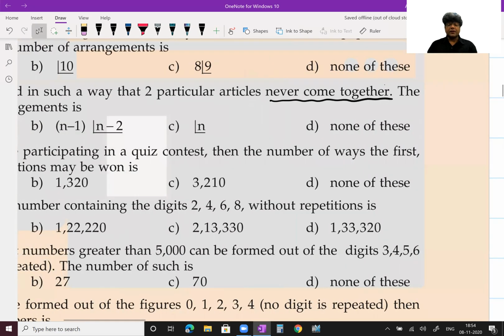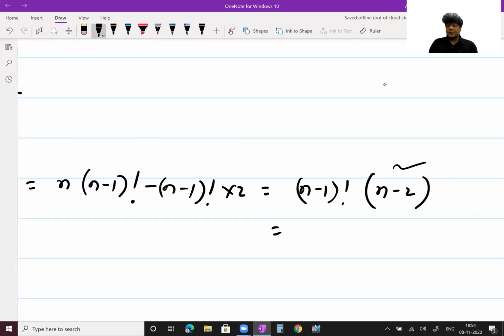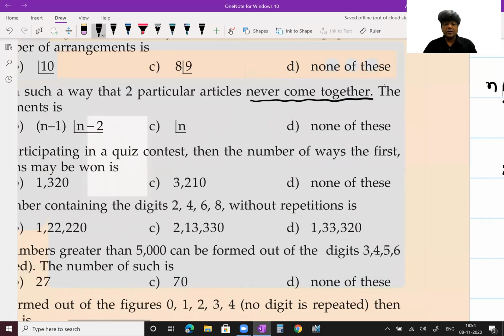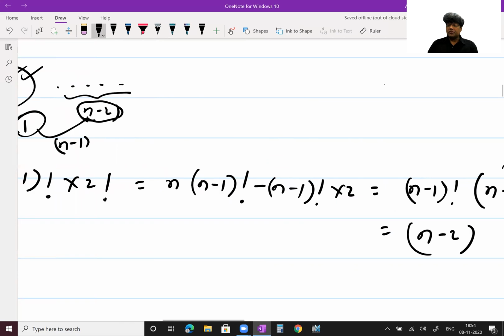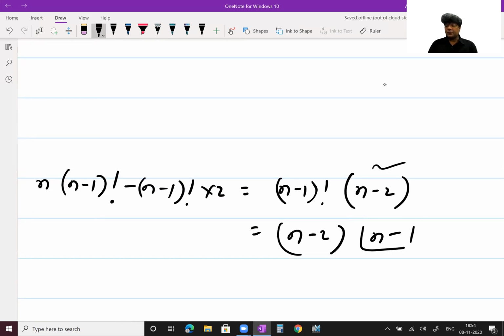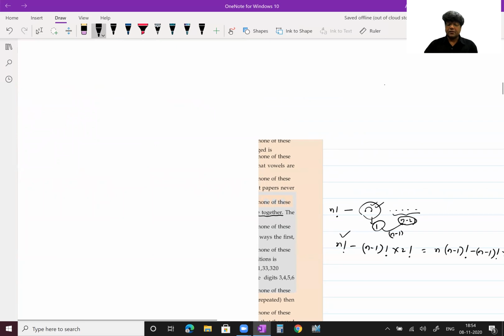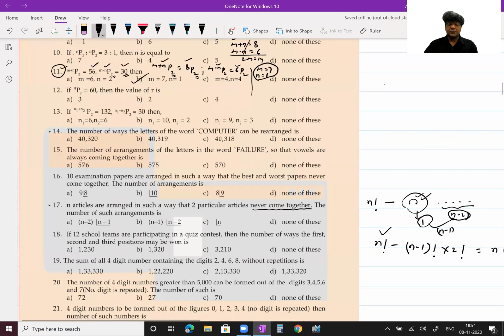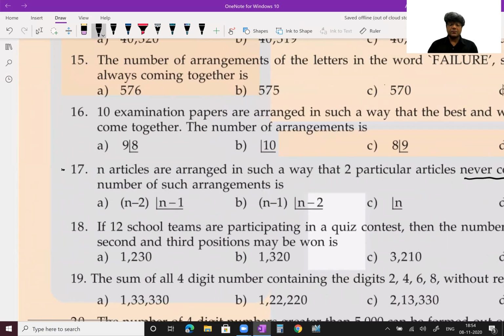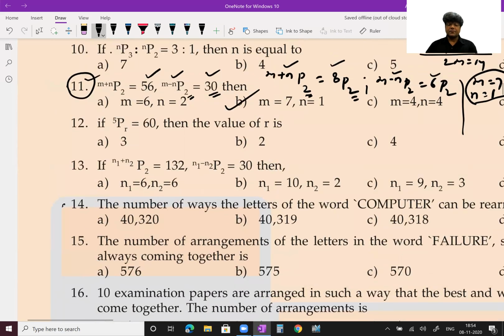That is written, guys, in a different style: first they have written n minus 2, and then this n minus 1 factorial notation. I can read it as factorial n minus 1. N minus 2 into factorial n minus 1. That is option A.